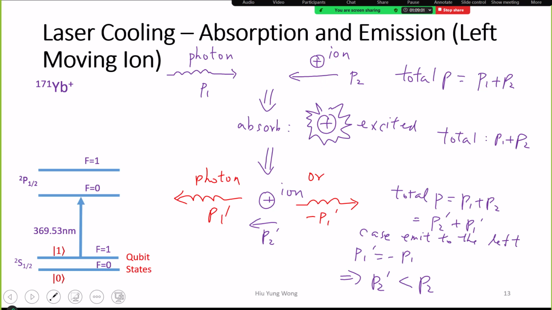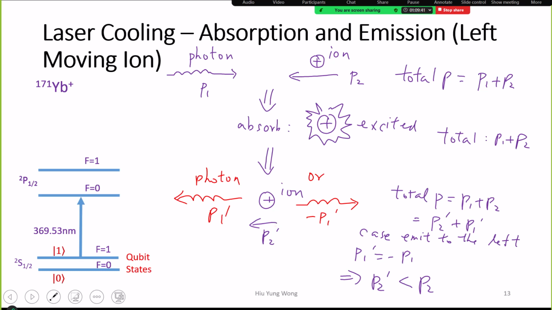Let's just think about an extreme case. Let's say they have the same momentum. Then total momentum is 0, right? Or maybe that is not a good illustration. Let's say P1 is half of P2. Then when you emit the photon going back to here, shouldn't I have smaller momentum? Because now this emitted photon carries away some of my momentum going to the left. So I should move slower in this case. Make sense?